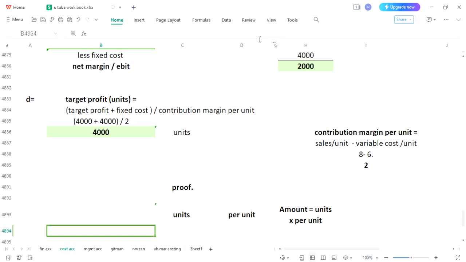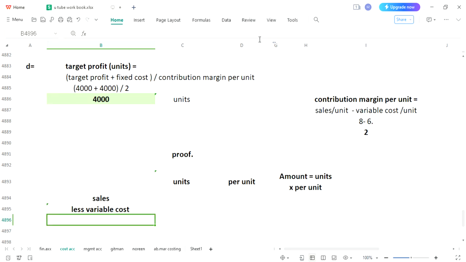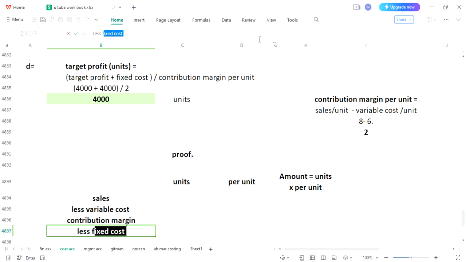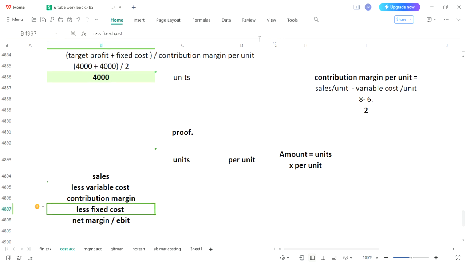Over here, as usual, you will write your sales and then you will subtract your variable cost, with which you will get your contribution margin, after which you will subtract your fixed cost, with which you will get your net margin or earning before interest and tax.